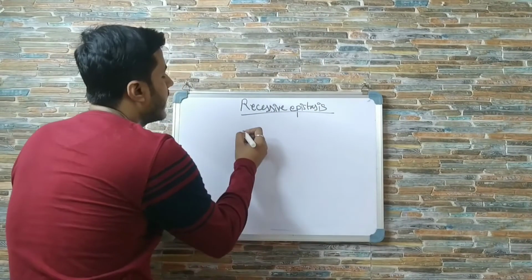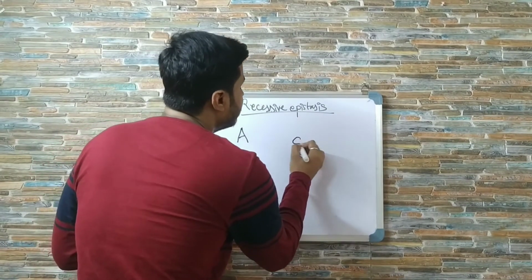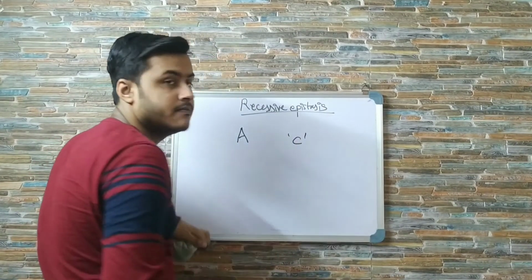Now, let's look into recessive epistasis. Here, the recessive alleles in homozygous condition mask the effect of dominant alleles. Now, let's consider the example of mice, whose wild body color is greyish or agouti, which is controlled by, say, capital A, which is hypostatic to recessive allele small c.